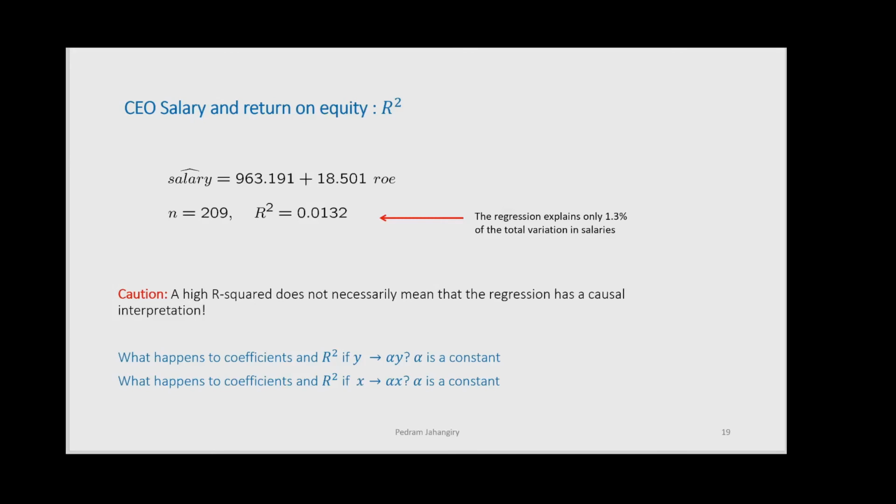So for our CEO salary example, the R-square is going to be one of the outputs that you get in R. And in this example, it's very small. It's going to be 0.013. So what does it mean? It means that only 1.3% of the total variation in salaries is explained by ROE. Are you surprised?